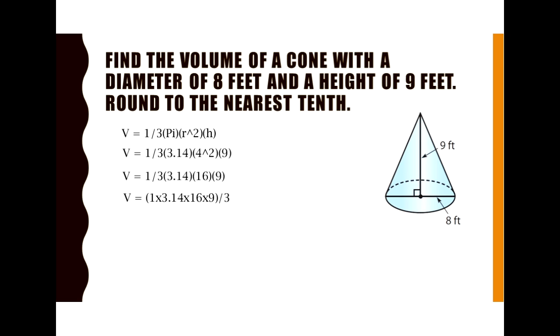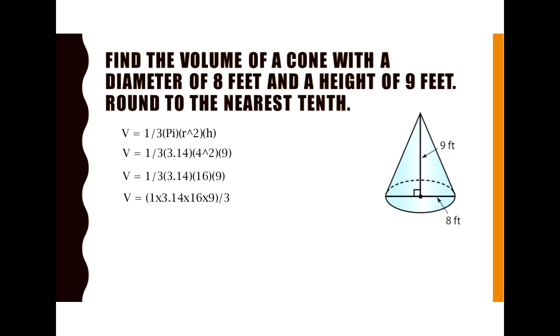So typing this all in, 1 times 3.14 times 16 times 9 would give me 452.16. Divide all that by 3, and I would end up with, to the nearest tenth, 150.72.